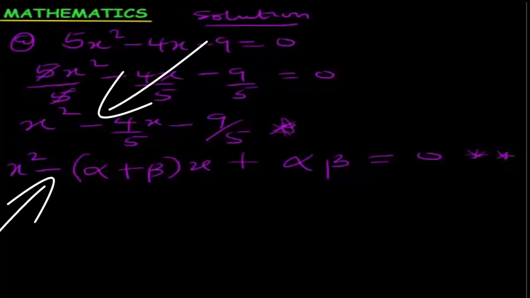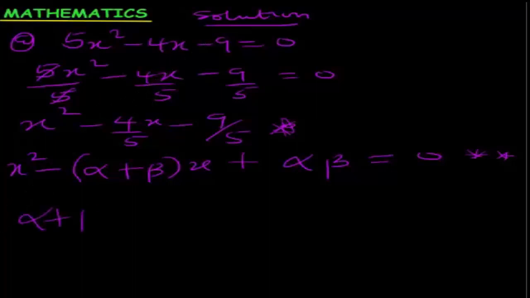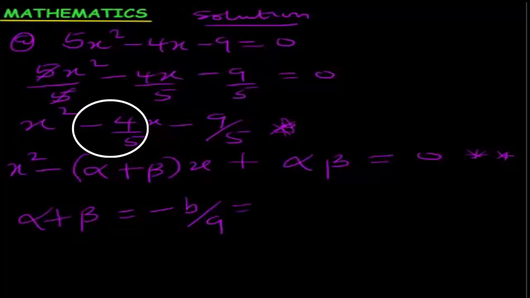So remember that alpha plus beta, from what I told you, is minus b over a. And what we have here for the coefficient in the equation is actually minus 4 over 5. If I slot it in, I have minus, bracket, minus 4 over 5.